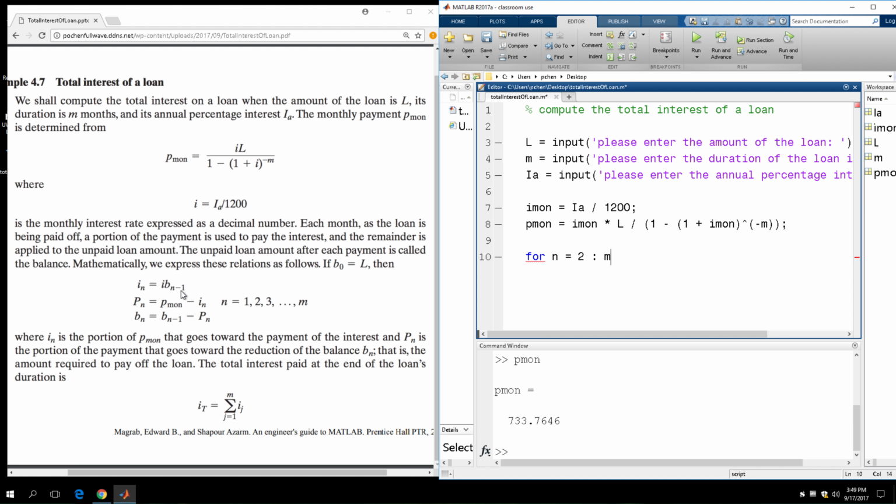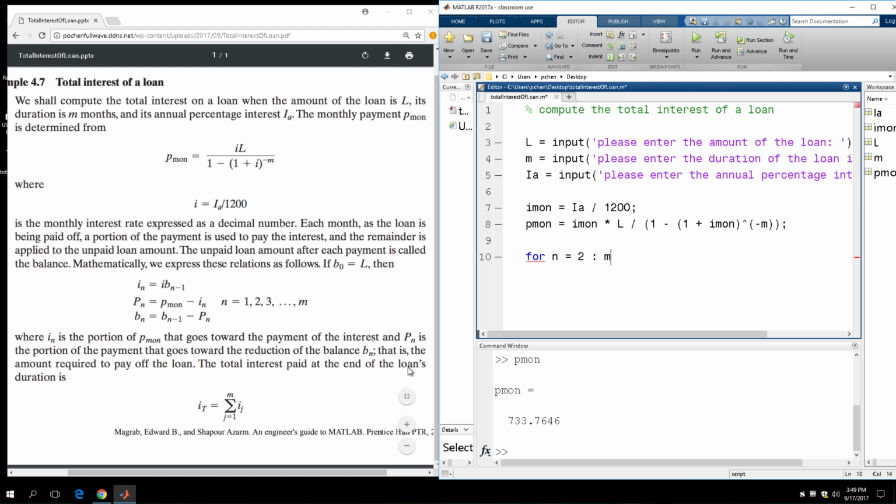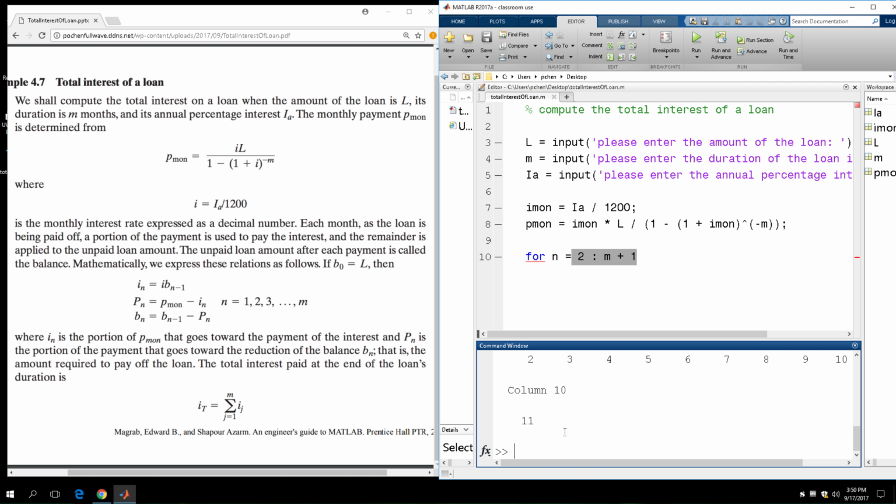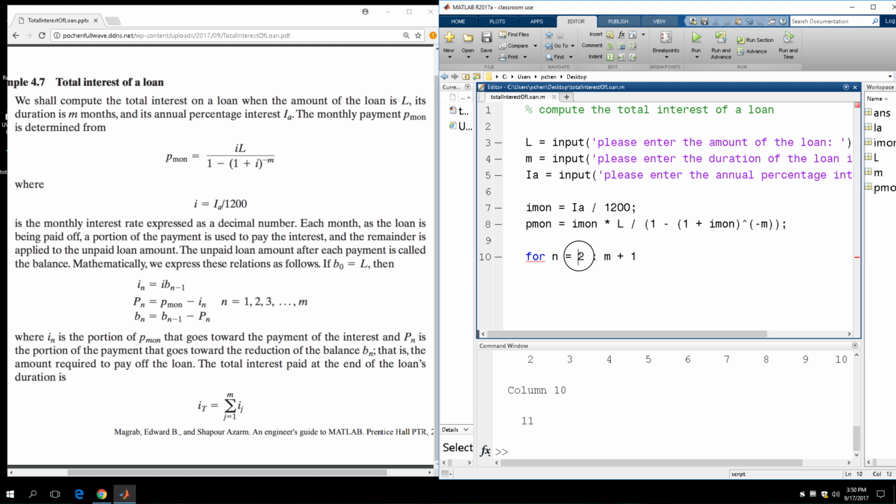You haven't got the entirety of the duration yet. So the range of the iteration has to go from 2 to m plus 1, and that's going to give you m iterations. Suppose m equals 10, 10 plus 1 is 11. From 2 to 11, that's exactly 10 numbers. So if you fix the range from 2 to m plus 1, you're going to do exactly this many iterations.